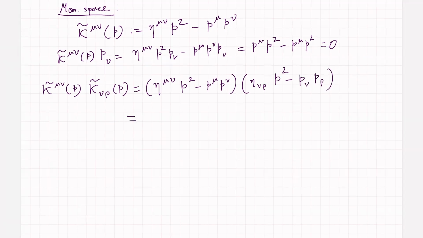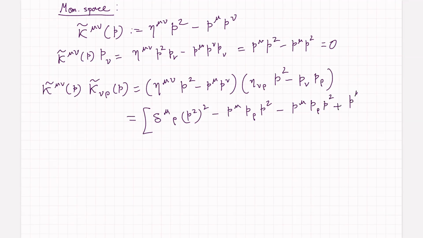If we multiply everything together, this is delta mu rho p squared whole squared minus p mu p rho p squared minus p mu p rho p squared plus p mu p rho p squared.